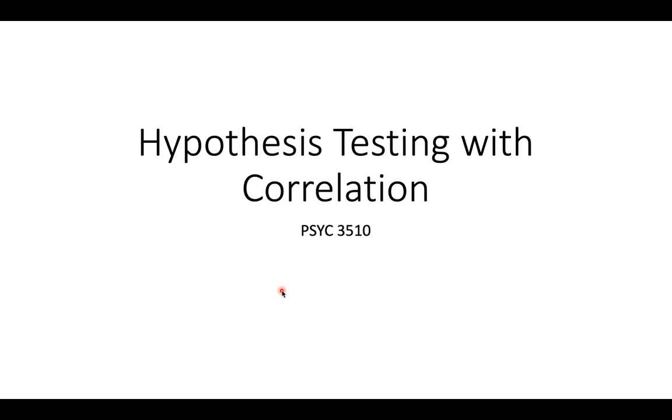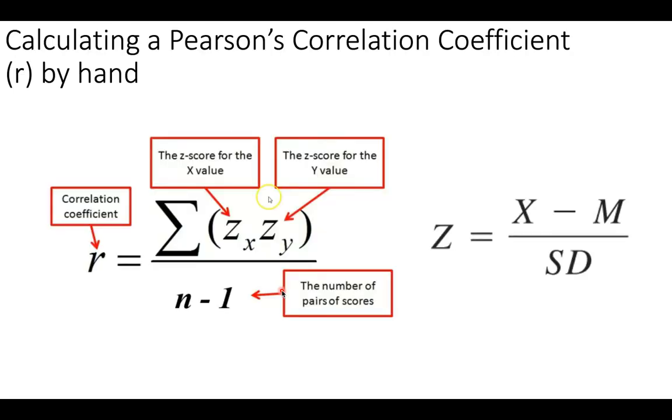So this lecture is going to be all about how we calculate a bivariate correlation by hand, and then how we make a hypothesis testing decision about whether to reject or fail to reject the null, how we write up an APA-style conclusion, and then express our take-home message about our association claim, our research question, to our readers. So let's dive right into what the formula for a bivariate correlation looks like.